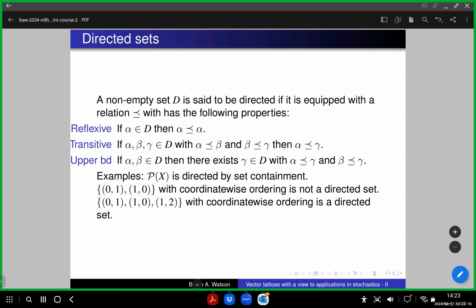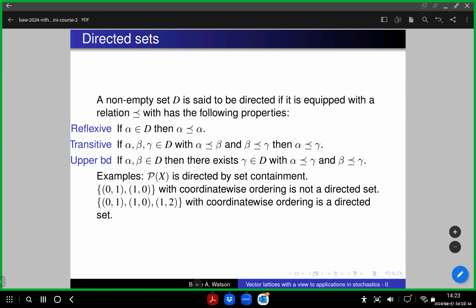So at the moment, we're going to take a set, needs to be non-empty, and we say it is directed by this precursor or equal to relation, if this relation has the following three properties.